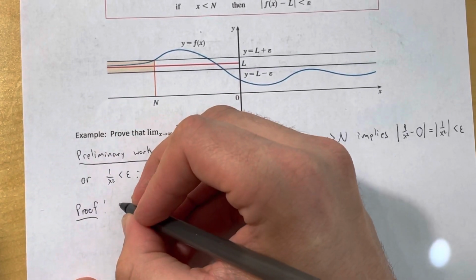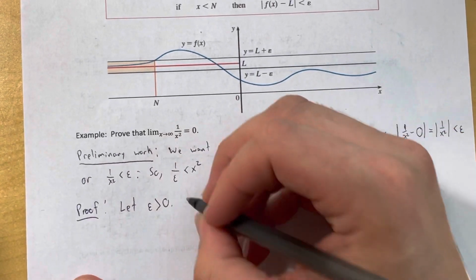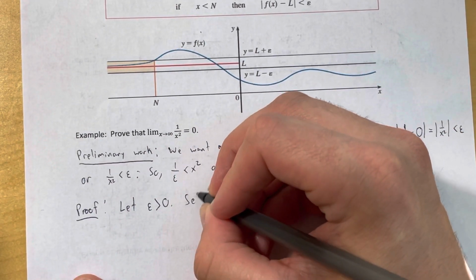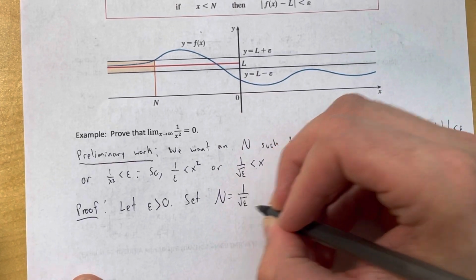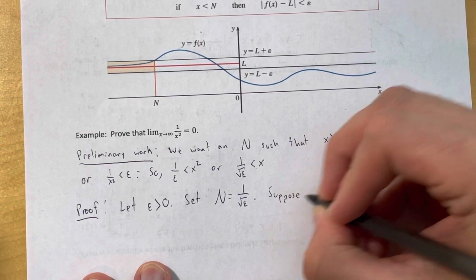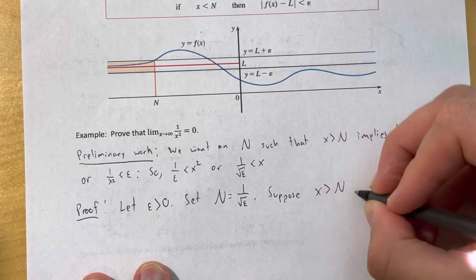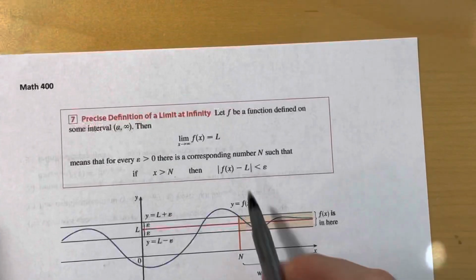Remember, we always say let epsilon be greater than 0 first, and set n equal to 1 over square root of epsilon. Suppose x is greater than n. Then, remember, we want to prove this under the assumptions that we just made.